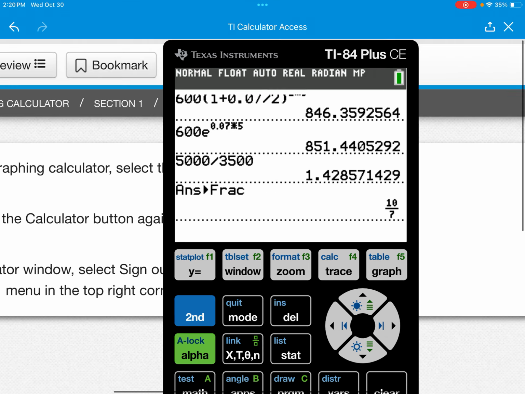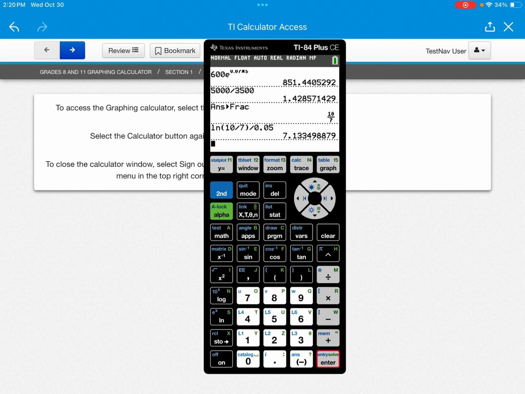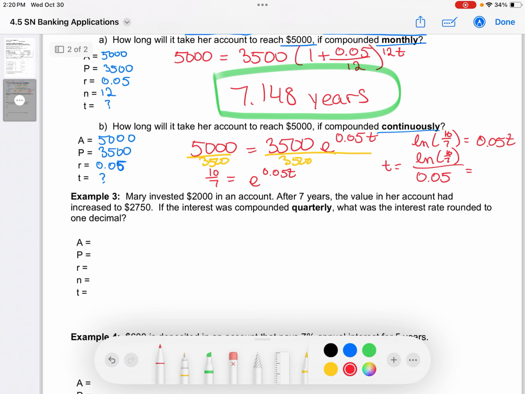So to the calculator, natural log of 10 over 7, close the parentheses, divide that by 0.05, enter, and that is 7.133 years.